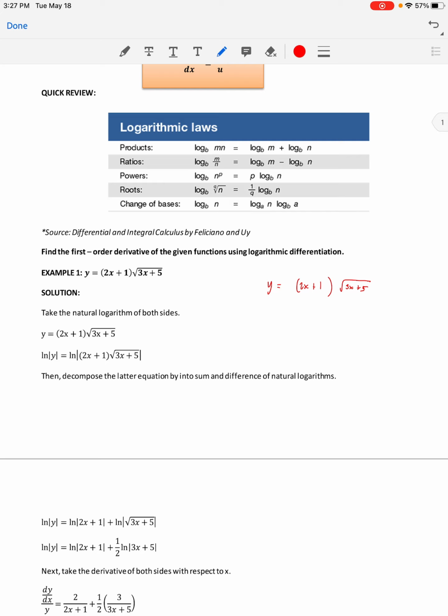So the first step is take the natural logarithm on both sides. So you put ln on y and ln on this one.